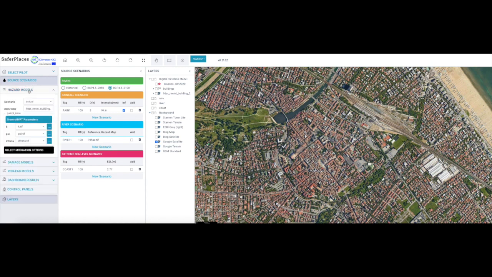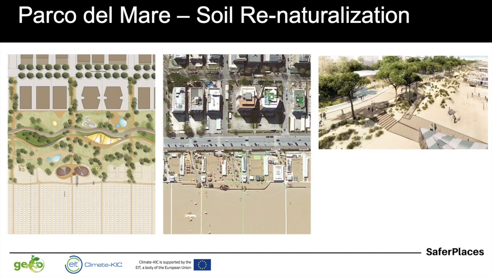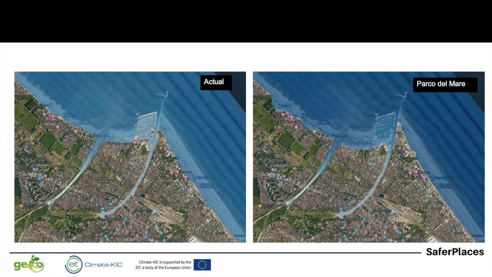In the hazard scenario task pane, the user can select different city orography representative, for example, of mitigation scenarios for the city. In the case of Rimini, the user can select the litter representative of the Parco del Mare implementation, a new sea promenade project where a dedicated physical barrier is implemented for coastal risk mitigation along the sea promenade.